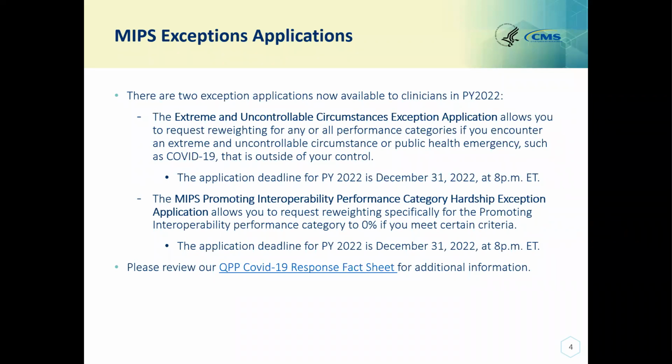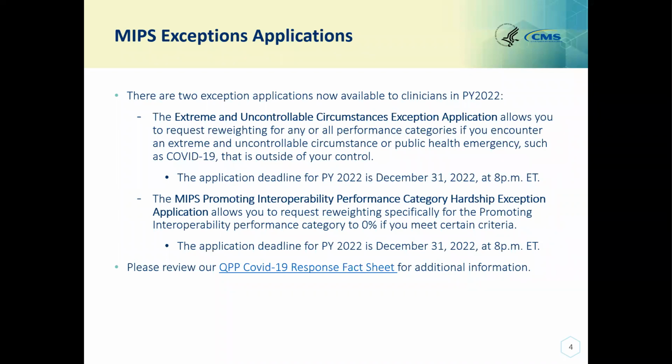Before we get into our overview slides, I just want to highlight a couple of exception applications that are open now. We opened in May, and these will stay open through the end of the year, through December 31st at 8 p.m. The first one is our MIPS Extreme and Uncontrollable Circumstances application, and this gives clinicians the opportunity to request reweighting for one or two or all of the performance categories if you are experiencing an extreme and uncontrollable circumstance.